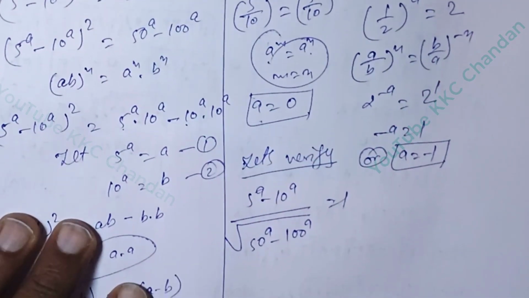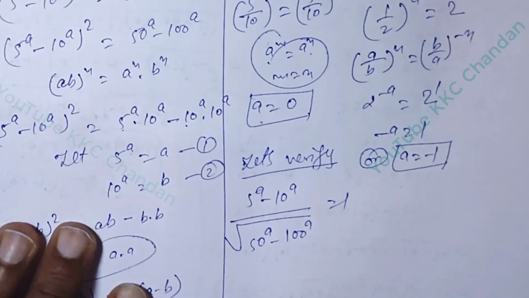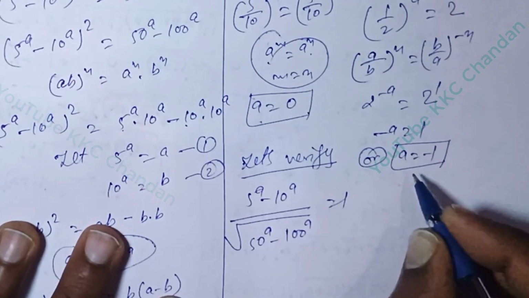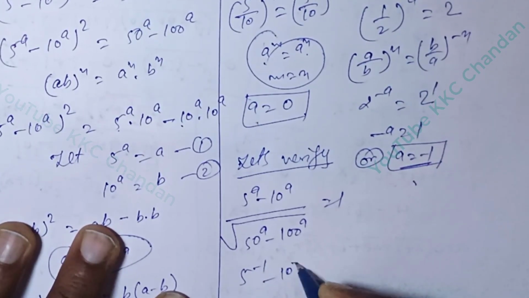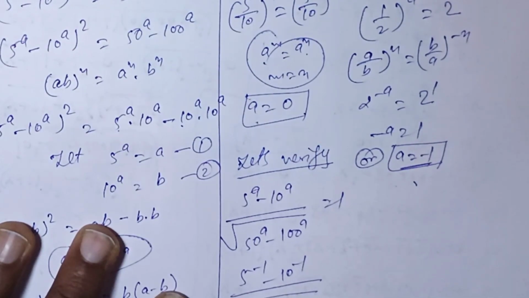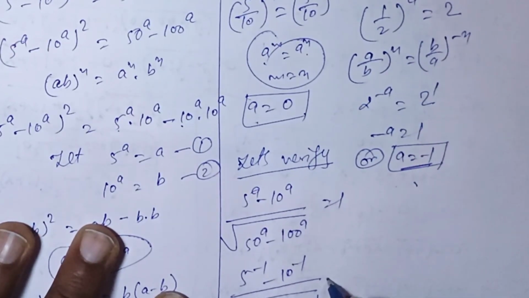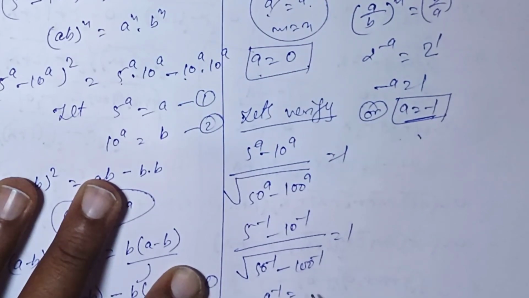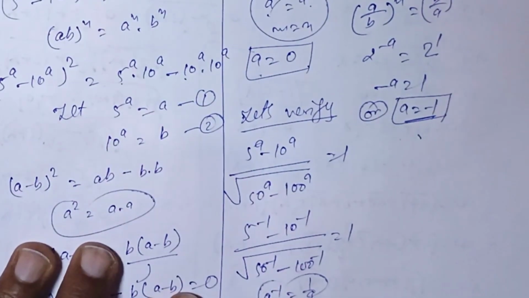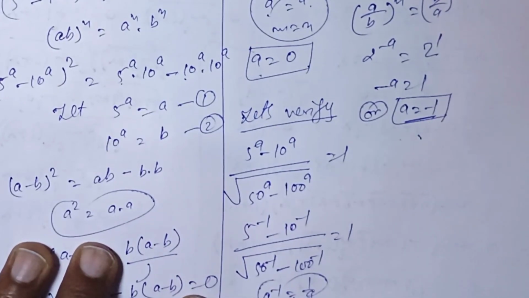So (5^−1 − 10^−1) divided by √(50^−1 − 100^−1) is equal to 1. Next step, we know that a power −1 is equal to 1 divided by a. So (1/5 − 1/10) divided by √(1/50 − 1/100) is equal to 1.